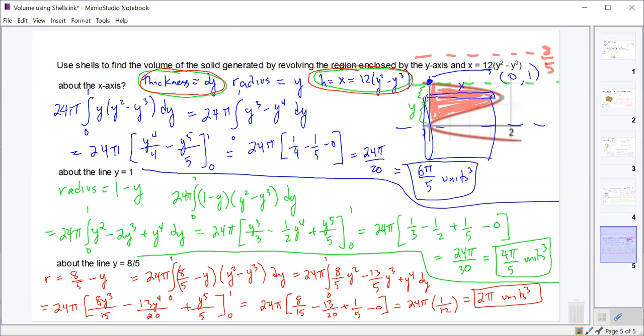But if you don't just know what the graph looks like, if it's something like x equals y squared minus 4, those you should be able to convert back and forth. But if you can't convert, you can always just plug in some points and try and figure out what happens. I mean, x equals 12 times y squared minus y cubed, that's a cubic. It's just a cubic that's been flipped over. So it should look like a cubic of some sort. And if you can plot a few points, you should have a general idea of what it looks like.